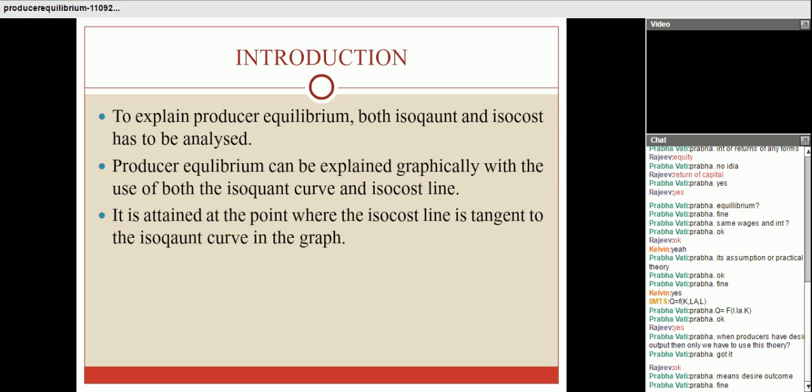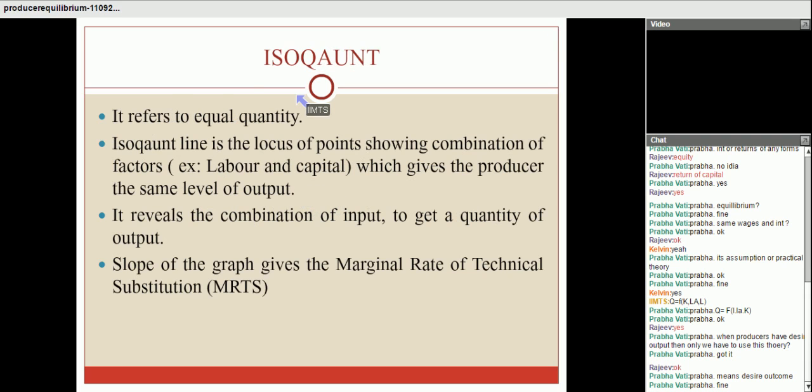Producer's equilibrium can be explained graphically with the use of both isoquant curve and isocost line. It is attained at the point where the isocost line is tangent to the isoquant curve in the graph. So, what is an isoquant? It refers to equal quantity.